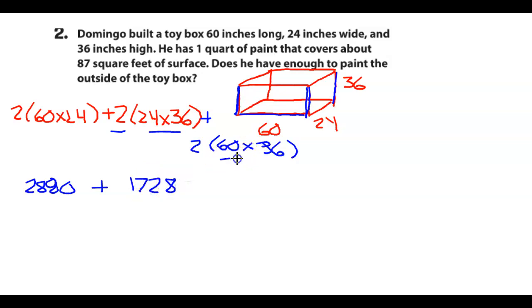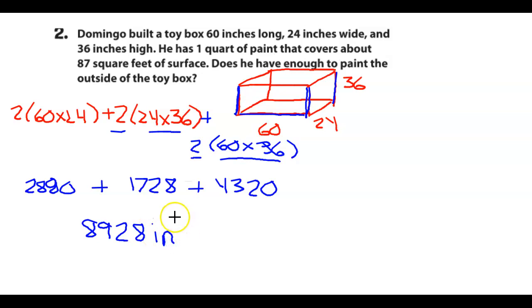And then I'm going to have 60 times 36 times the 2, and that's going to give me 4320. So plus 4320. Let's add that up. That's going to give me 8,928 inches squared.